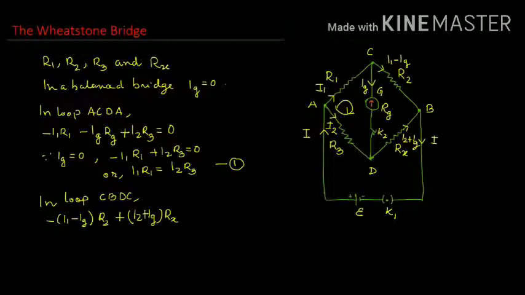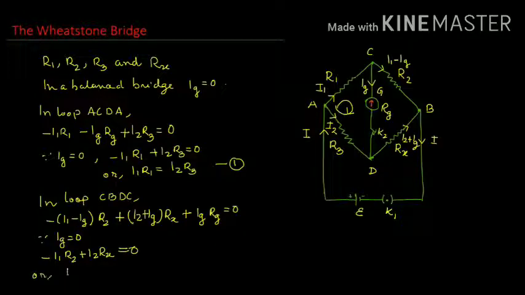Then D to C, opposite to the direction of current Ig, so plus Ig into Rg is equal to 0. Since Ig is equal to 0, this equation becomes minus I1 R2 plus I2 Rx is equal to 0, or I1 R2 is equal to I2 Rx. So this is equation 2.